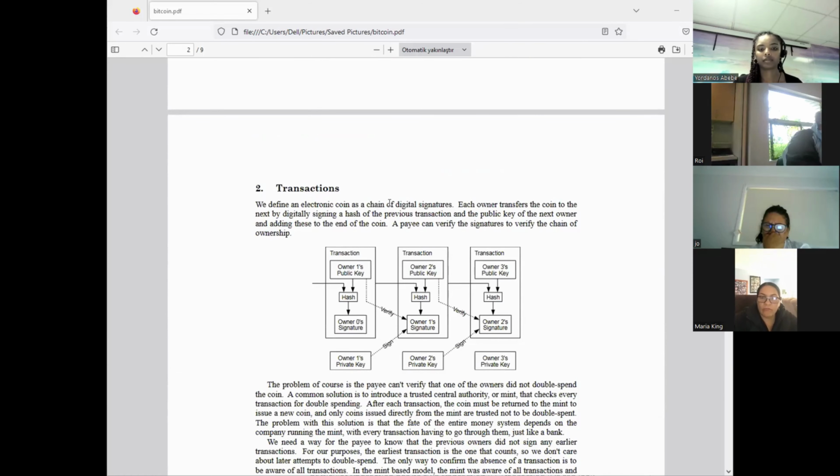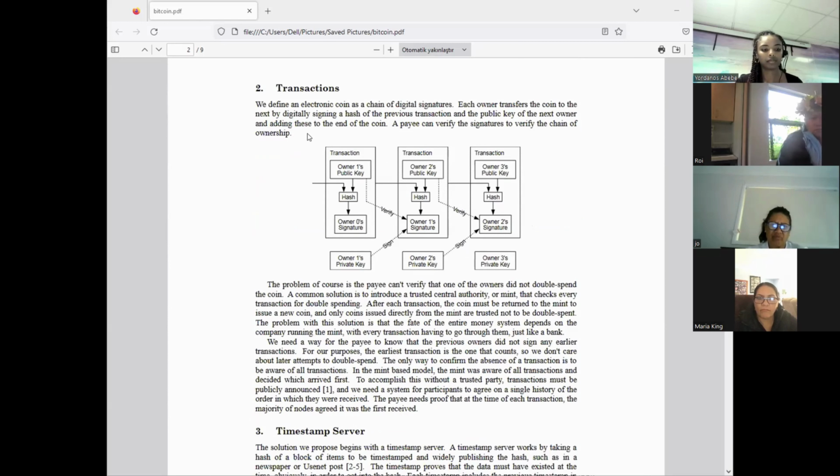Transactions define an electronic coin as a chain of digital signatures. Each owner transfers the coin to the next by digitally signing a hash of the previous transaction, which makes it a block. We spoke about this in our previous class, and we have public keys and everything.